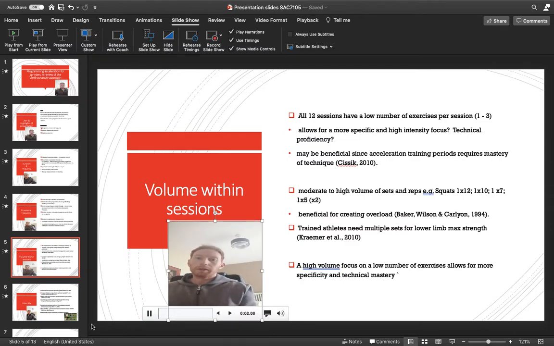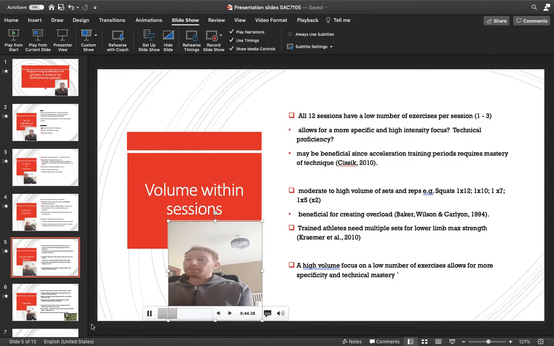So in terms of the volume in this program, we have obviously 12 sessions throughout the program, but in each of these sessions, only a maximum of 1 to 3 exercises are programmed. This goes back to the point I was making earlier about how sprinters need a very intense and very specific focus on what they're doing in the weight room, just like they do on the track. In certain periods, they have high volume of specific exercises with full recovery and a very intense application to each of these exercises.